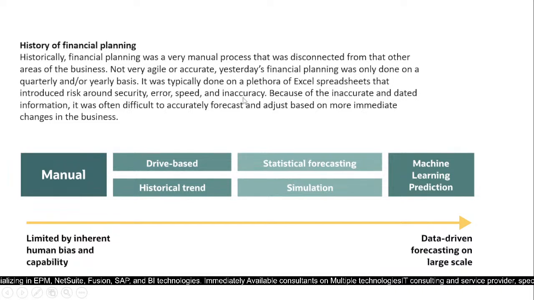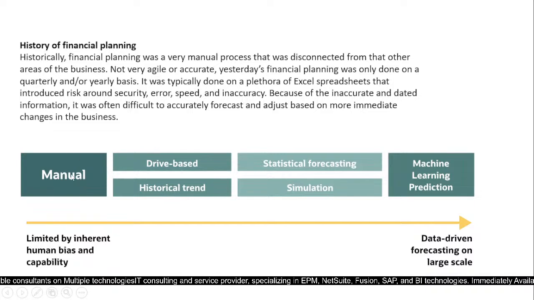That is very risky, because we never want such errors, speed issues, and inaccuracy in our work. Because of the inaccurate and dated information, it was often difficult to accurately forecast and adjust based on more immediate changes in the business. Let's understand this with the help of this example.